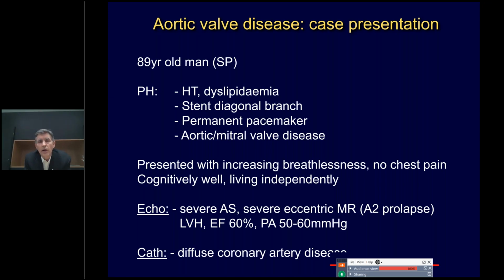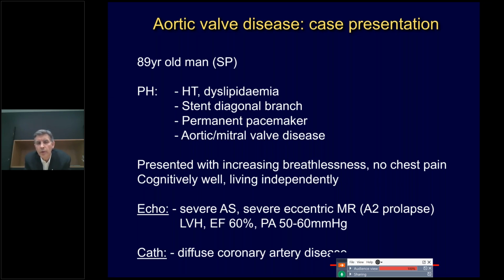breathlessness. His echo, which I will show you, now shows severe aortic valve stenosis. He's got, in addition to that, severe eccentric mitral regurgitation, some left ventricular hypertrophy, but pretty well preserved left ventricular function. His pulmonary pressures are starting to sneak up a little bit.